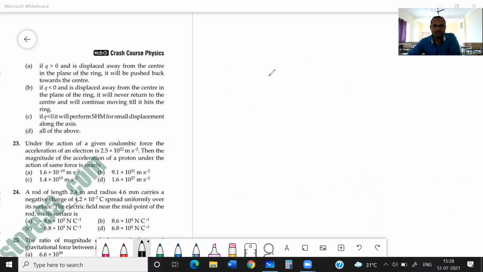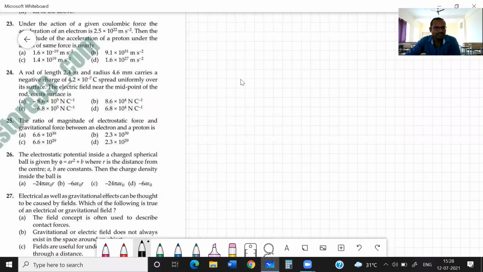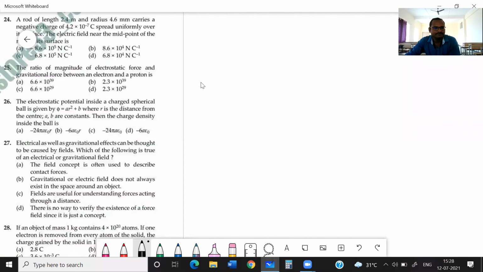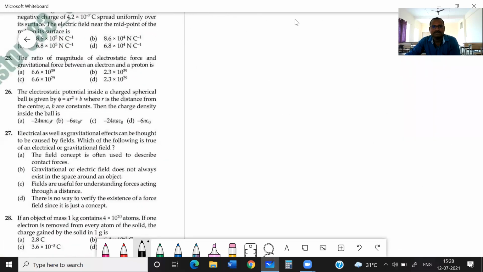Next, let us go to the next question, question number 25. See students, in question number 25, they have given the ratio of magnitude of electrostatic force and gravitational force between the electron and proton.